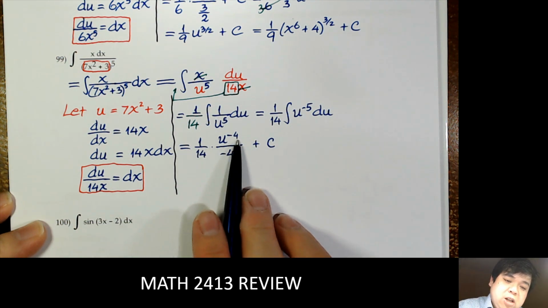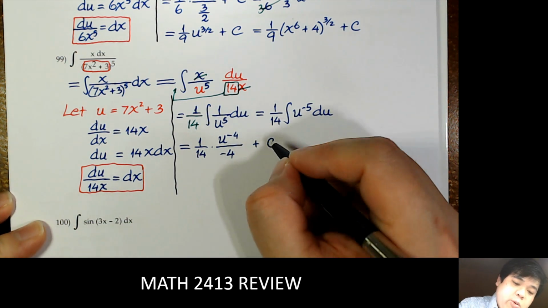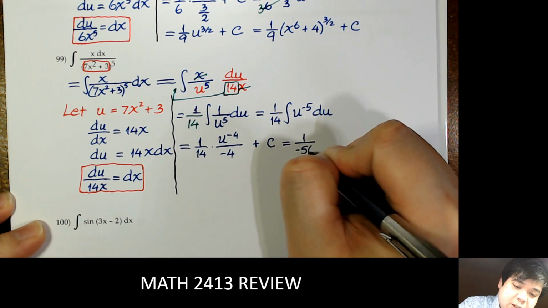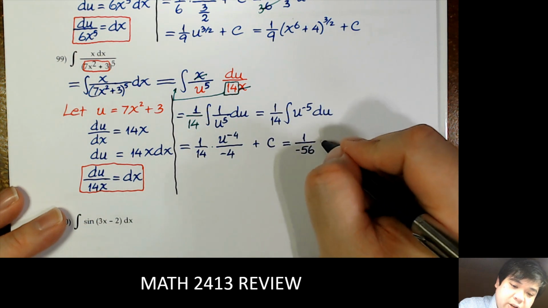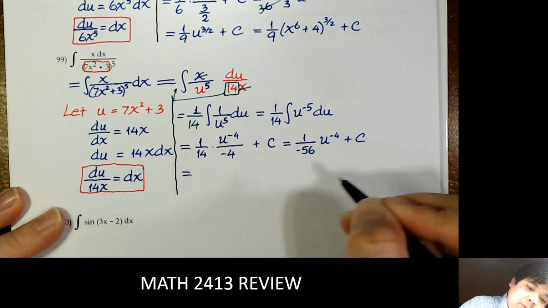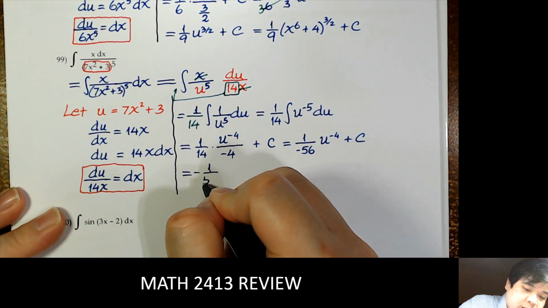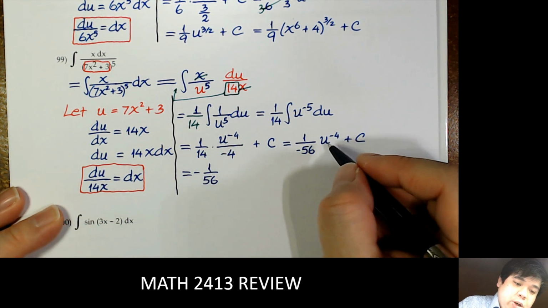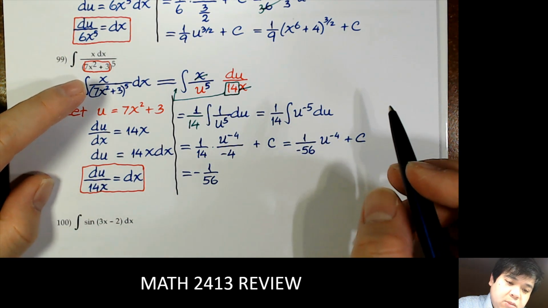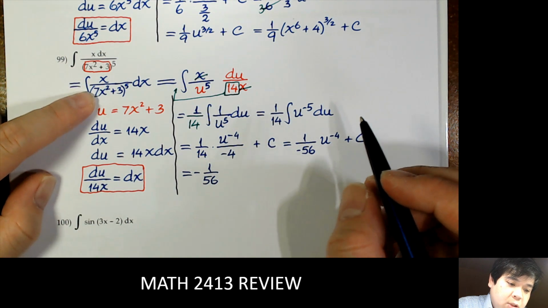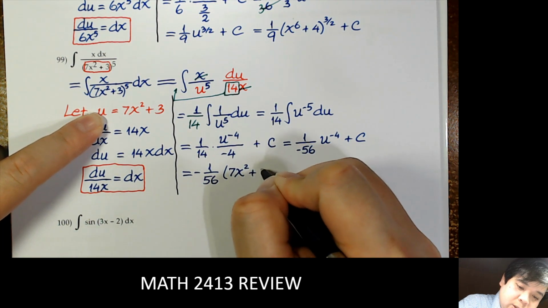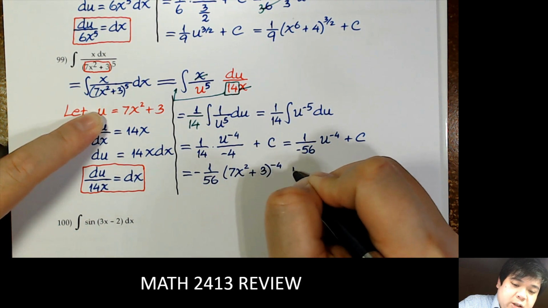Right, multiply straight across. 14 times negative 4 is negative 56, and then u to the negative 4 plus c. So negative 1 over 56 u to negative 4, where u is 7x squared plus 3, to negative 4 plus c.